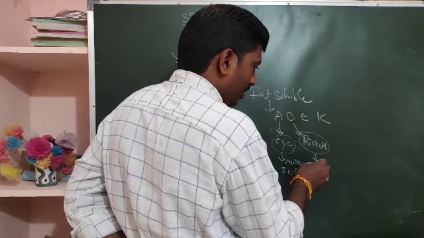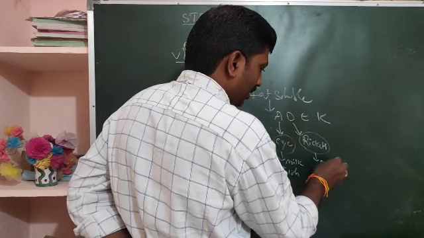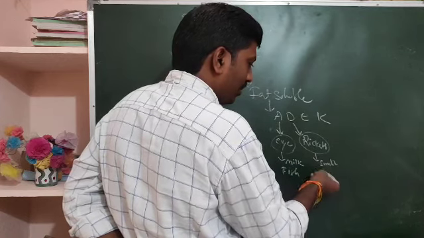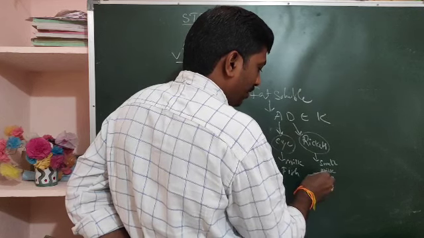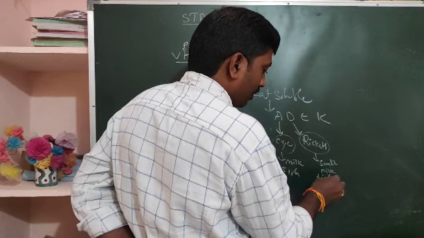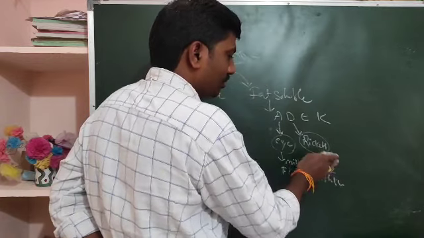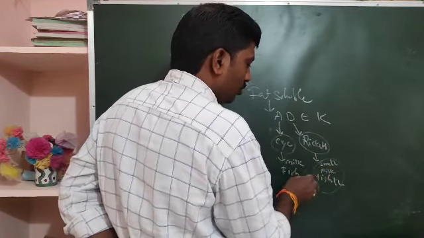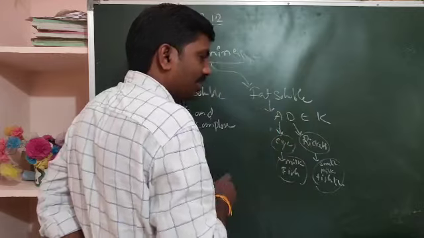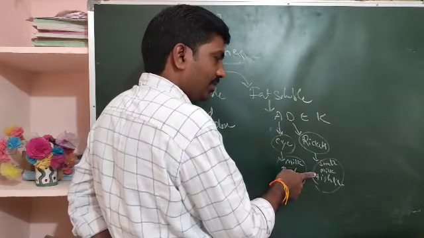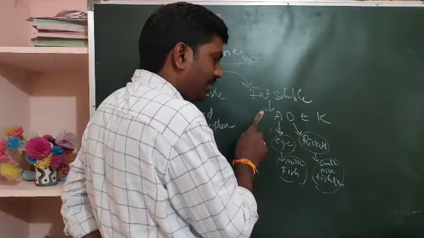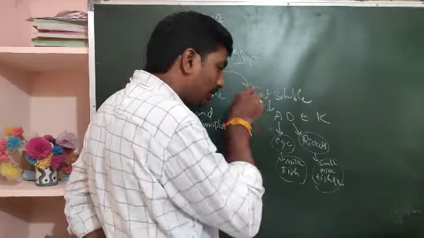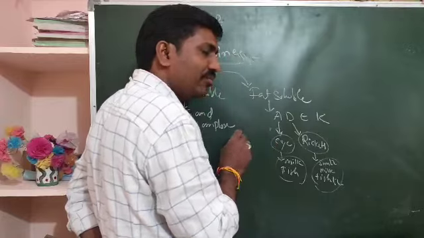For D vitamin, the sources are sunlight, milk and fish liver. If D vitamin is less, we will get this disease. A vitamin source is this one; deficiency means eye problems.